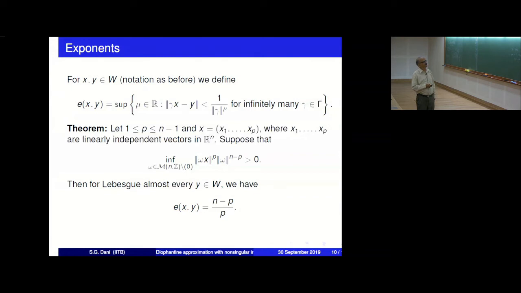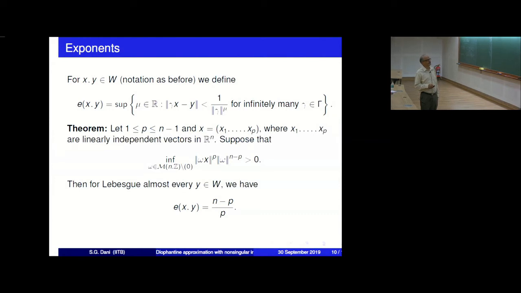Now, in this case, the theorem that was proved will translate, with respect to this notion, to the following. Suppose they are linearly independent vectors, so there is actually a more concrete statement that I have recalled here. Suppose that the measure of the set in Wx raised to p and Wx raised to minus p is greater than 0.